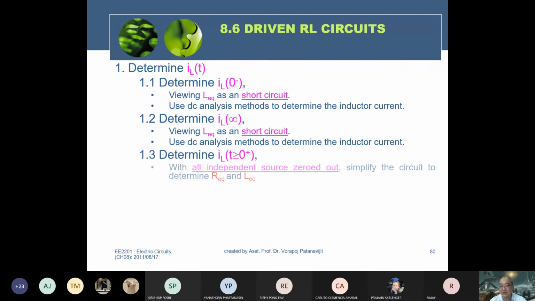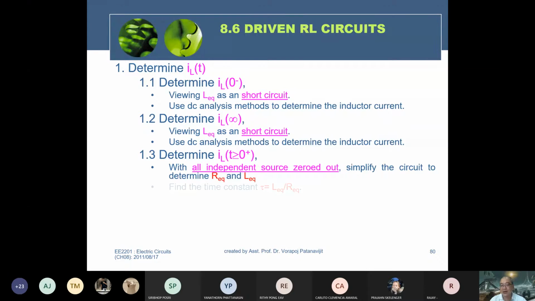The third step, you compute the inductor current for time greater than 0 in terms of the time constant, computed from the equivalent resistor and the equivalent inductor with all independent sources zeroed out. You kill every source during that time. How to kill the current source? You kill it by open circuit, and you kill the voltage source by short circuit.